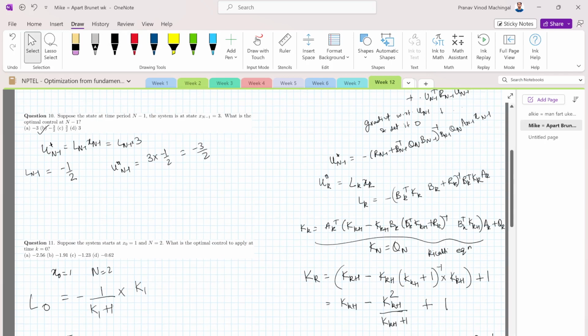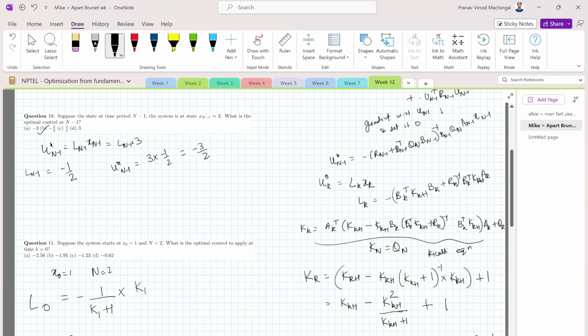LK is equal to, wait, I'm slightly confused whether it is... then my notes are written. Okay, maybe it's K plus 1 only.